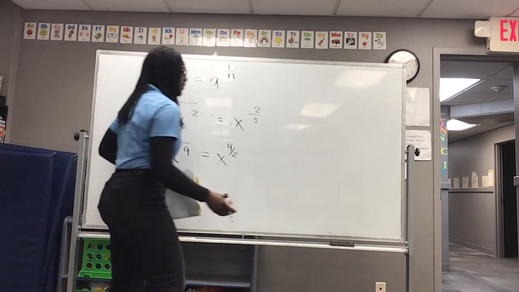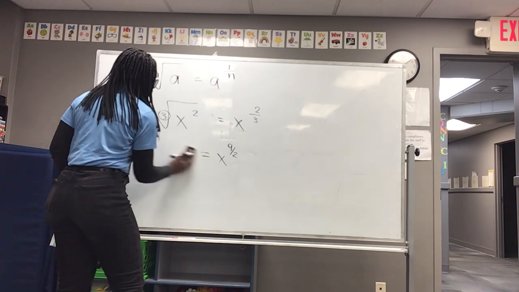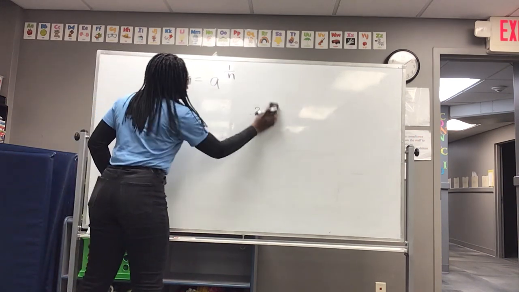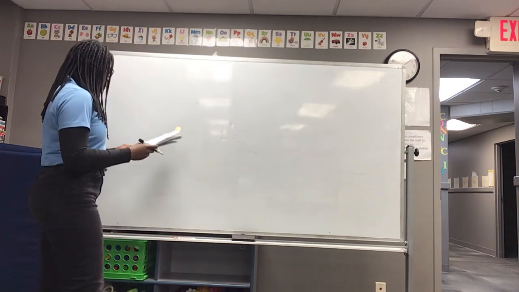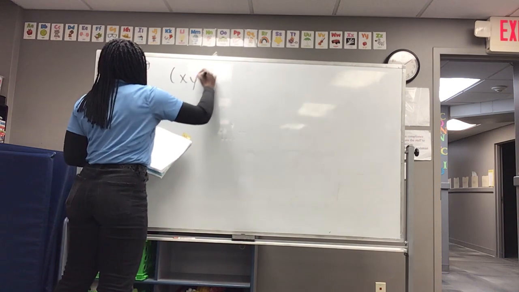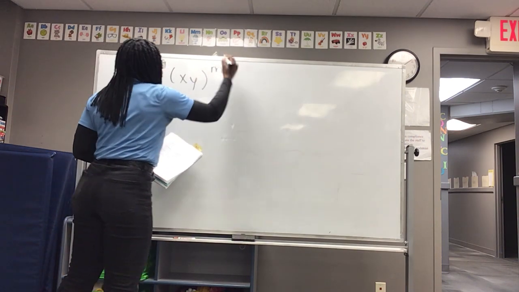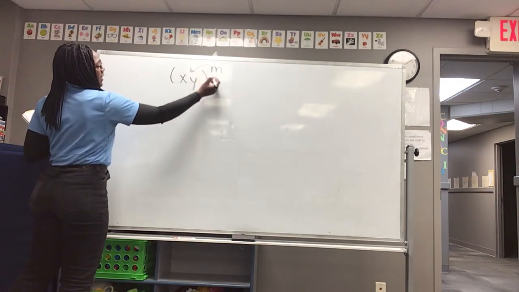Okay, well, there's one more thing I want to go over. The expanded power rule. If I have something like (xy) to the power of m, then my exponent needs to go to both the x and the y.